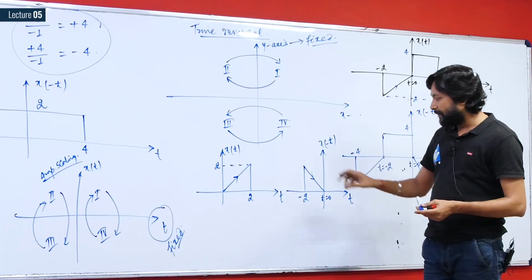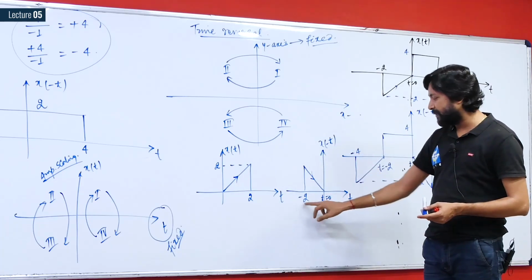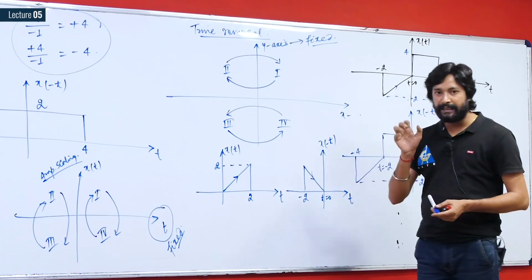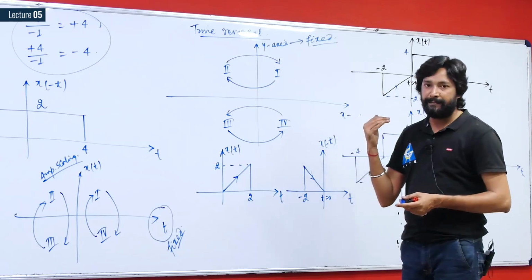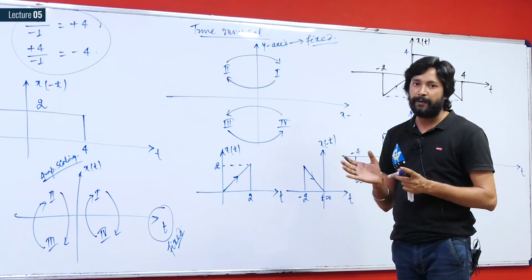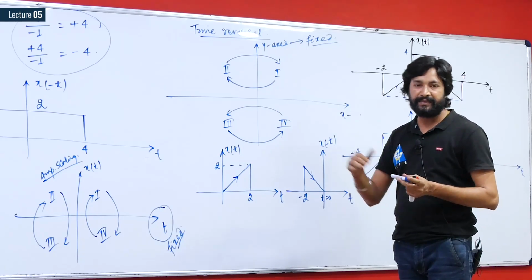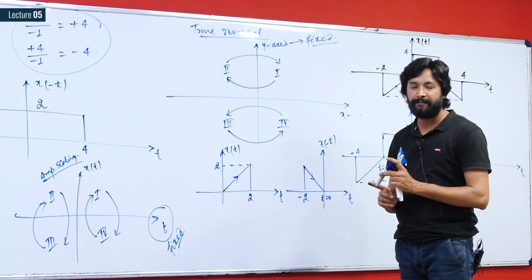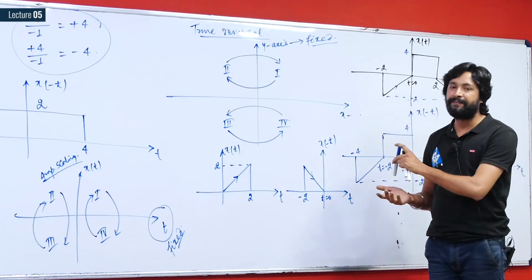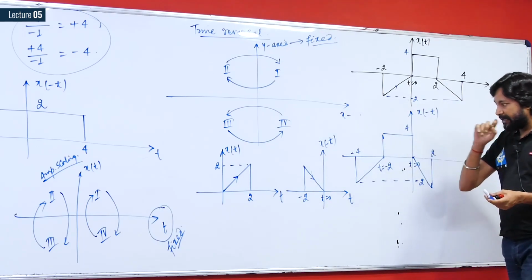So the signal again follows a straight line between minus 2 and 0, but now the slope of that straight line is negative. Whenever you perform time reversal on any continuous time signal, the slope changes its polarity. If the slope was earlier positive, it will be negative after time reversal, and if it was earlier negative, it will be positive after time reversal. So that is the point.